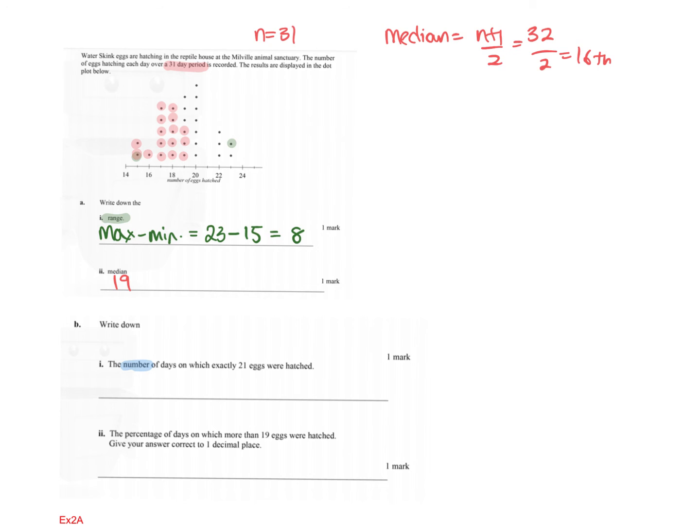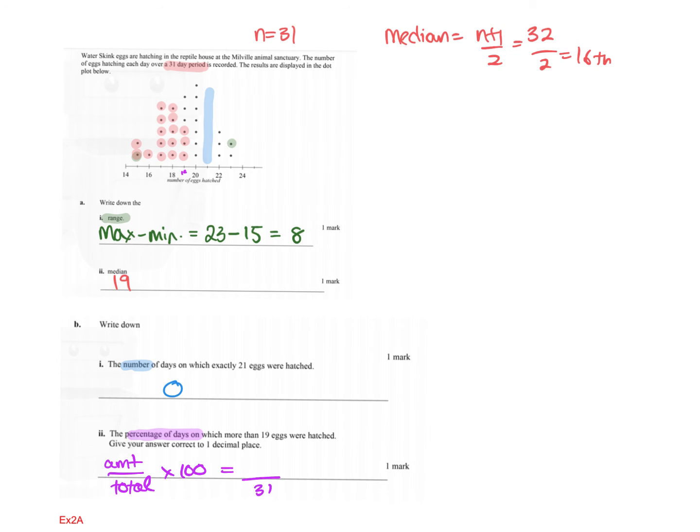So if we look for 21, how many were in 21? None. So 0. And once again, be careful, they're asking the percentage of days. So I'm going to say percentage is amount over total times 100, percentage of days. So there was a total of 31 days, which had more than 19 eggs. So more than 19.